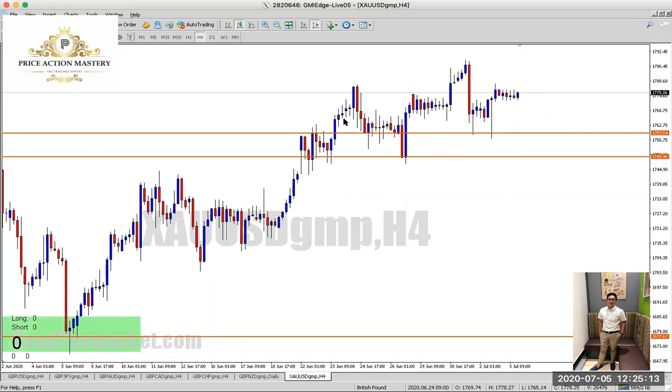In gold, it's a very tricky situation, as I mentioned. Overall it's an uptrend. A lot of people will see this engulfing bar and think the market is going to drop, but as you can see, without verification the market cannot go down.